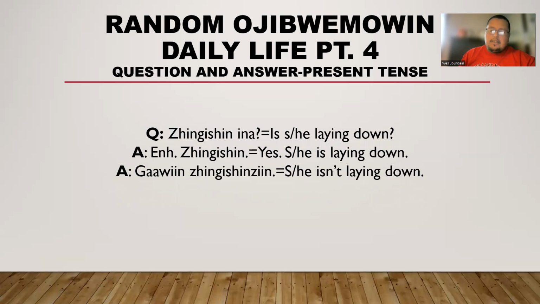So it just flows better that way. That's just the rule that we use in our context of our Ojibwe language. Keep that in mind. Again, our pattern in our past episodes, gawin sin or gawin zin. They both sound similar, but that's our pattern for a no answer.